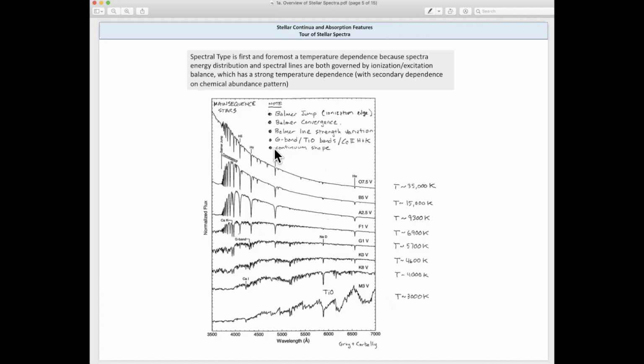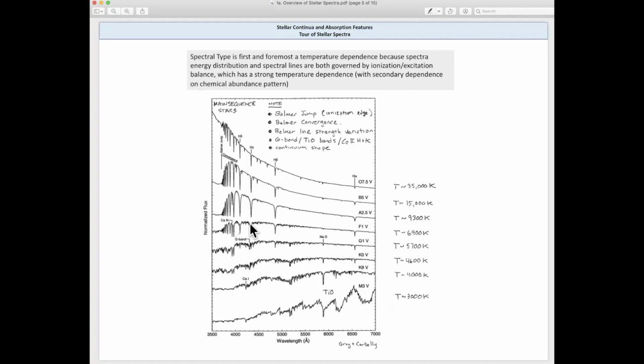The G band is shown right here in this G star, but it has nothing to do with G stars. This is a CH band. So you have to be cool enough for carbon and hydrogen to bond in order to start to get this molecular band absorption. And it's really kind of a pain because it turns out that it's just bluer of H gamma.